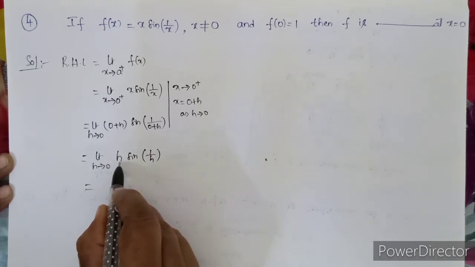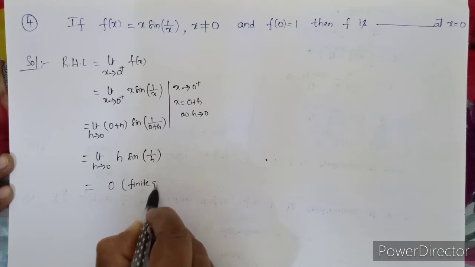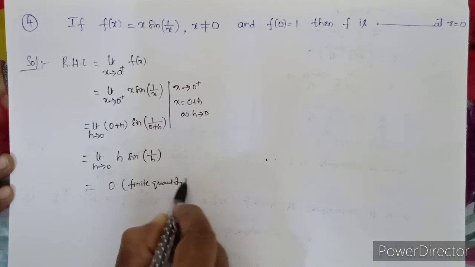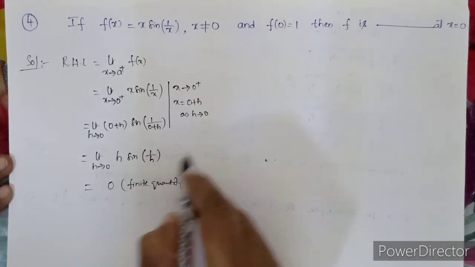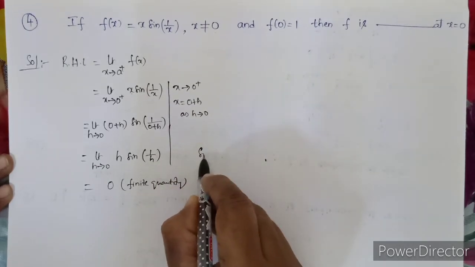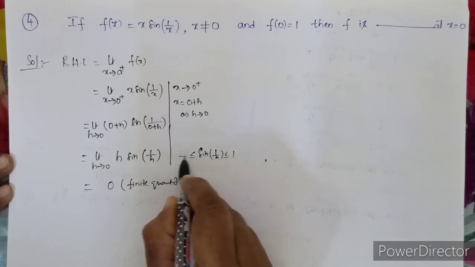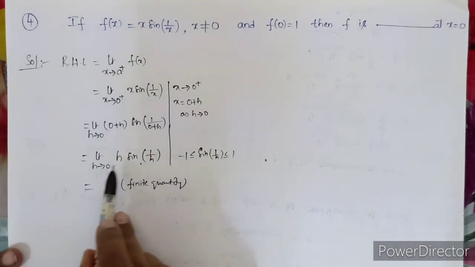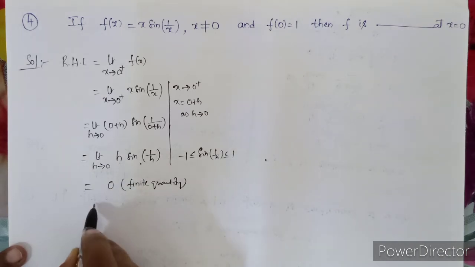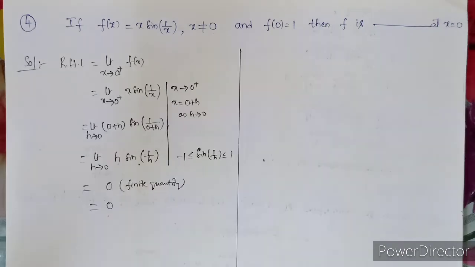As h tends to 0, we get 0 into a finite quantity. Sine 1 by h is bounded and it is lying in between plus 1 and minus 1. It is a finite quantity. So 0 into finite quantity gives 0. Therefore right-handed limit is 0.